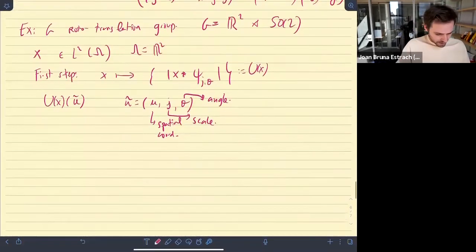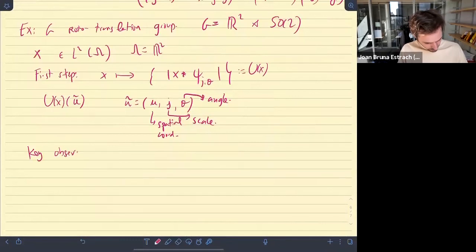Okay, and one thing that is the key point, the observation, is that we have equivariance with respect to the roto translations.